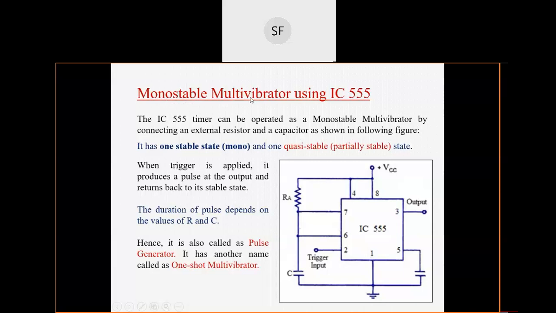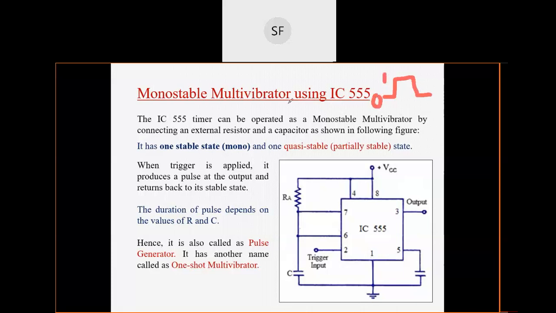Now in general, any multivibrator will have two states in total, high and low. Either the state will be high or it will be low, but in this case, out of those two, we are in the digital domain, so there are only two possibilities, either 1 or 0.